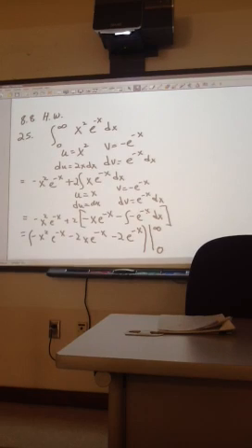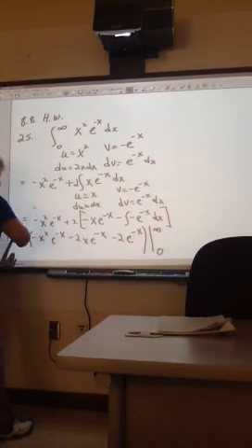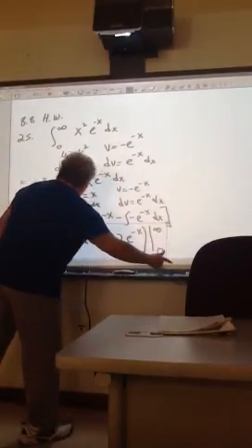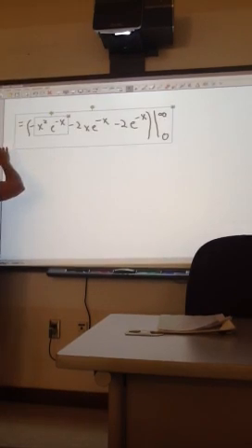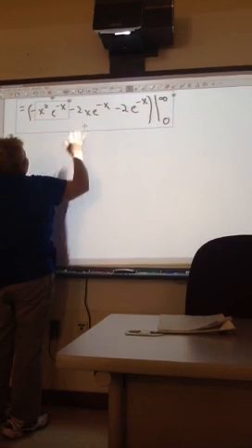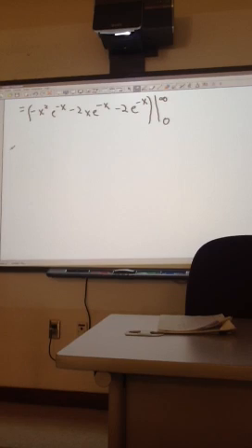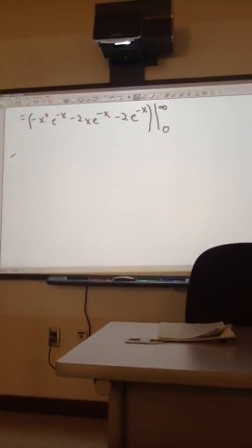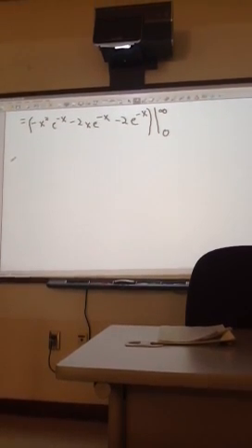The first part's cleaned up. So let's see, I'm going to pull the e to the negative x out, with a negative e to the negative x, like distribute it out. Pull it out. Make it easy.